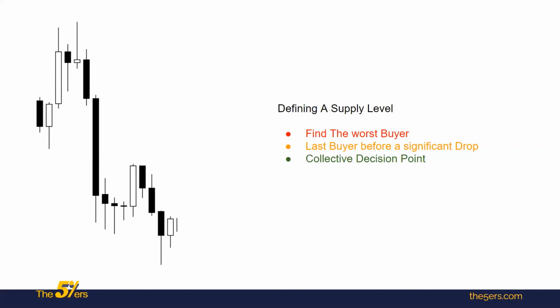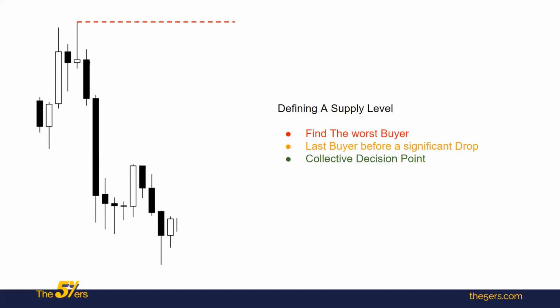On the short side, we first mark the worst buyer and the best seller ever. This is the deal right there. And then we're going to look for the significant drop. Where does it start? This is all basing area.